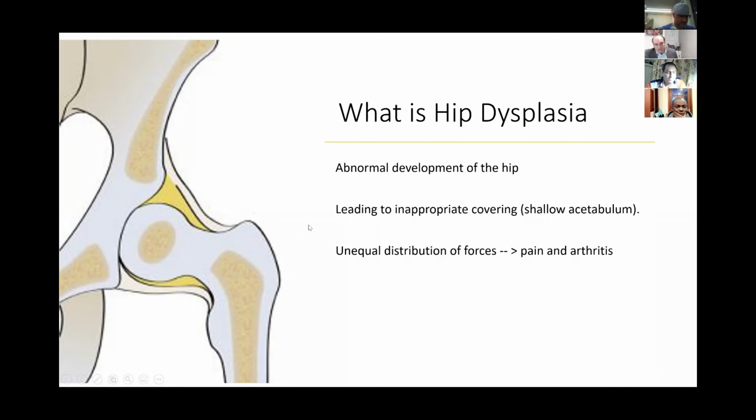Particularly with adult hip dysplasia, there is a direct link between the onset of pain and the arthritis. Some studies showed that it's around 5 years between the onset of symptoms and the start of arthritis.